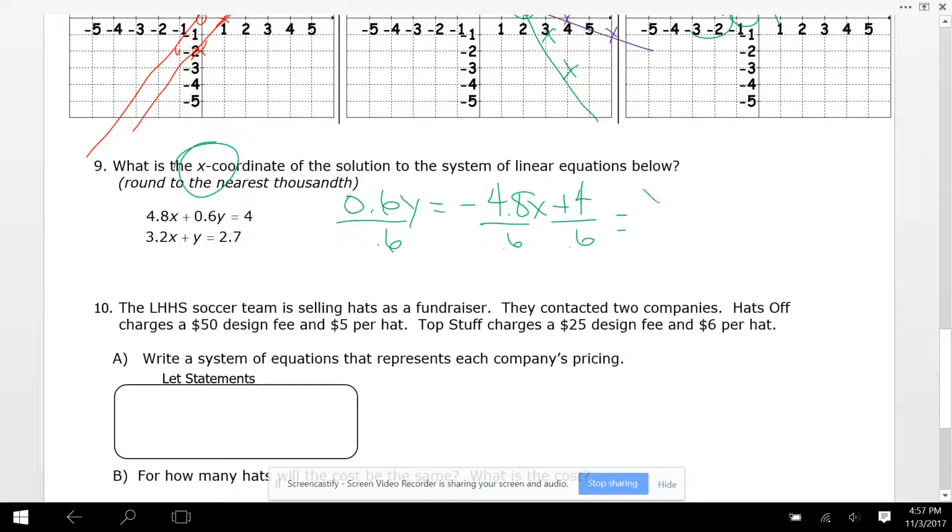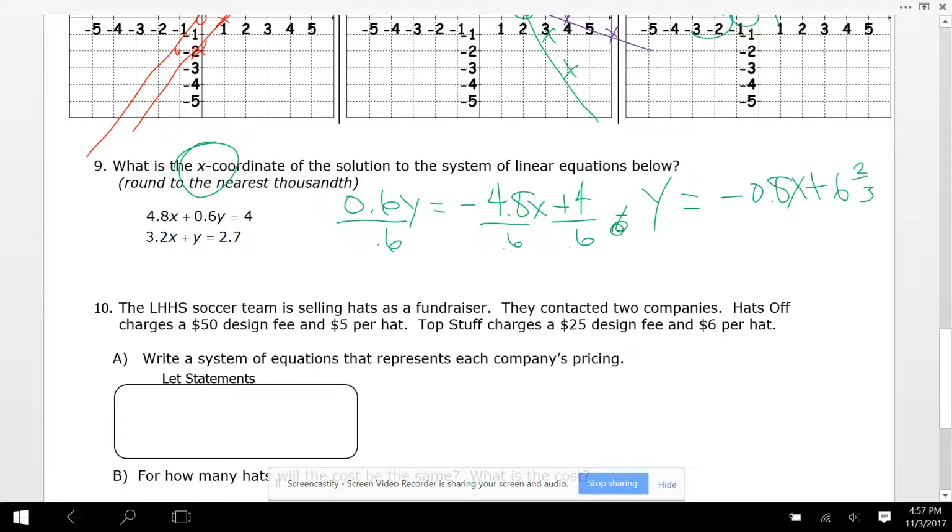And I end up with y equals negative... somebody tell me what is negative 4.8 divided by 0.6. Negative 8x plus 4 divided by 0.6, which is 6.6666, or 6 and 2/3.